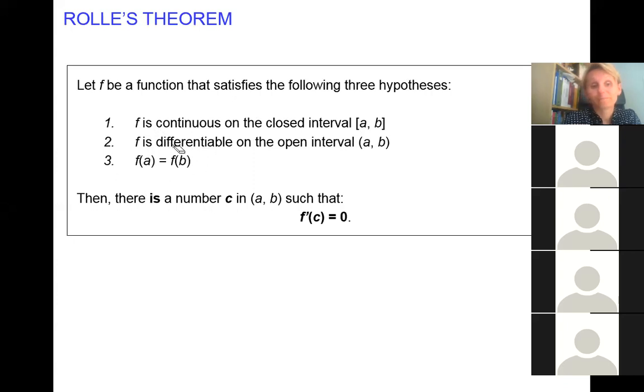And then, yes, that's what I was saying, we don't even have to compute sometimes the number c. Using that tool, we will prove that there is a number c in the interval from a to b such that the derivative at c of the function f is 0.